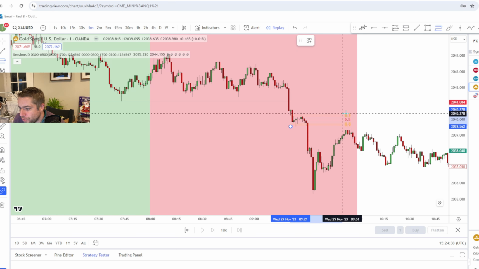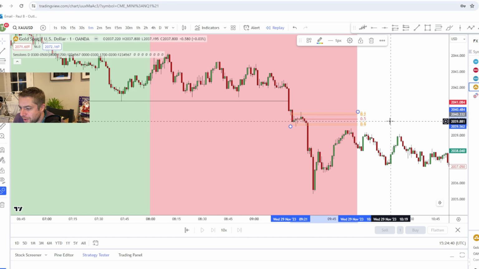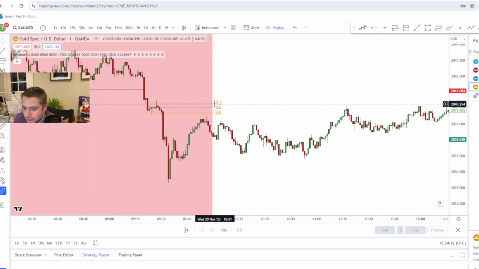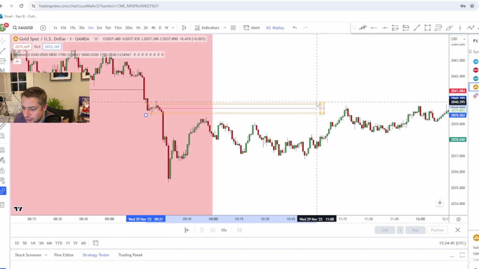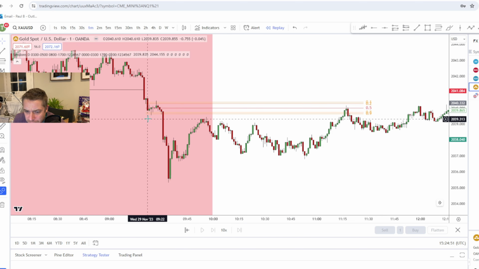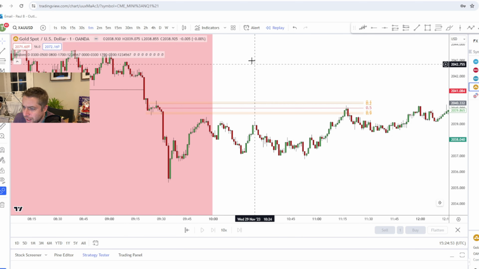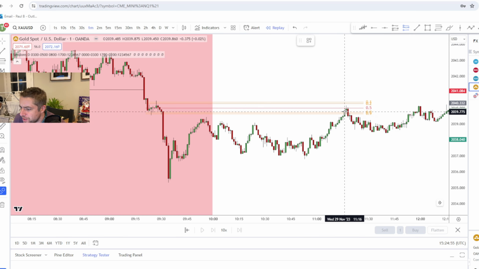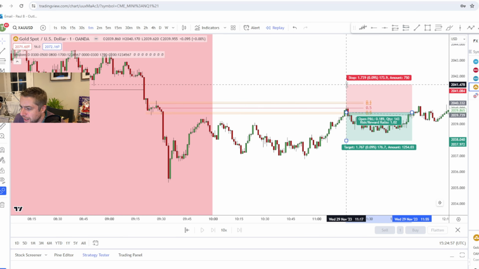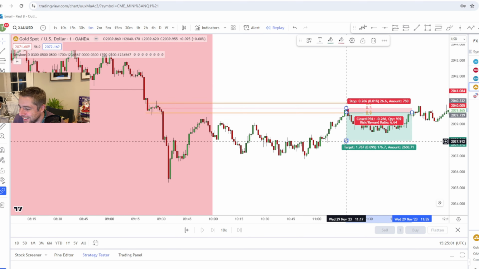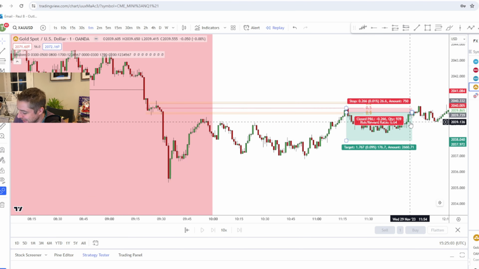So we can draw our fib out like this, and yeah, that one would be a loss, as you can see, because we would take it there. I mean, that's a very tight stop loss.